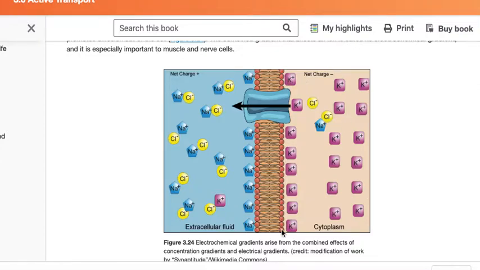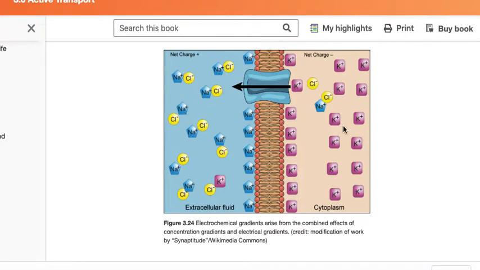You have areas where you have a very high concentration of potassium on this side and sodium chloride on this side. Your body will actually pump different things across the membrane, and it takes energy called ATP to do this.